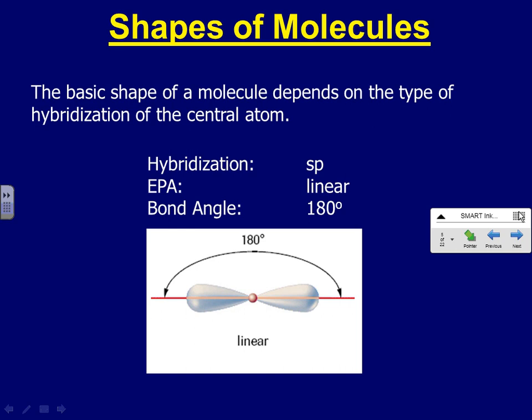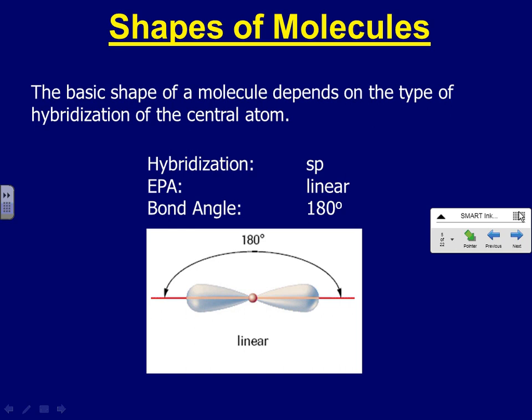If you could change base geometry to EPA, that's our electron pair arrangement. In other words, how are the electron pairs oriented? And when we say electron pair arrangement, I'm talking about whether they're bond pairs or lone pairs. And that's where we're at in terms of describing a shape.